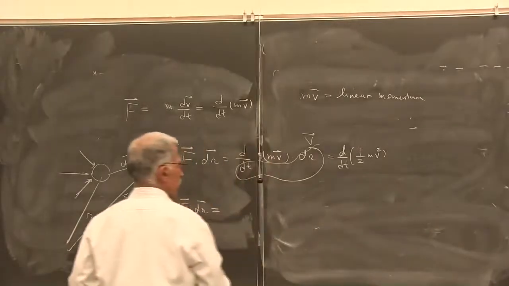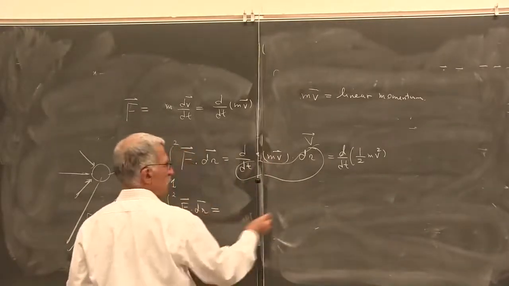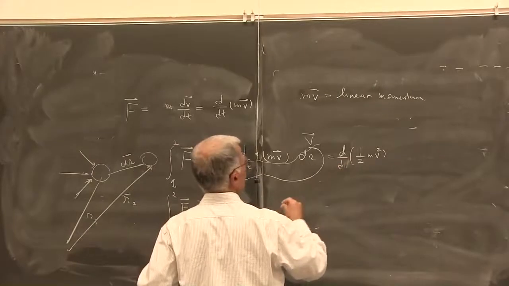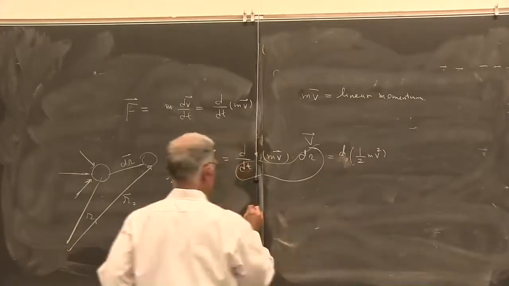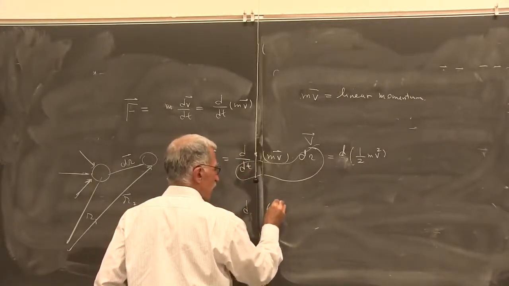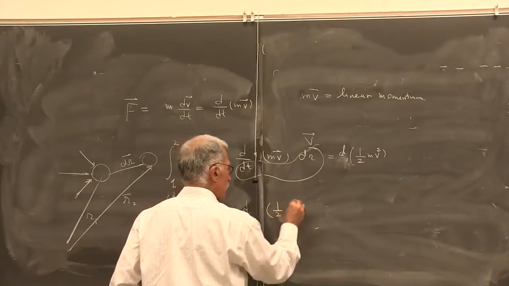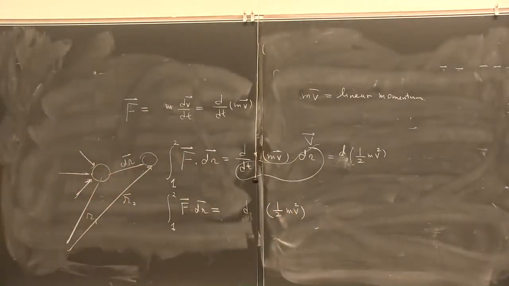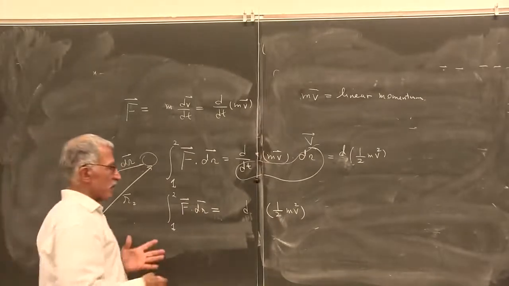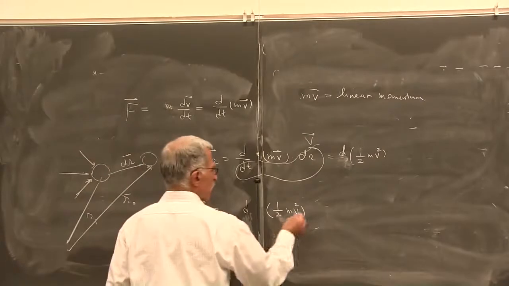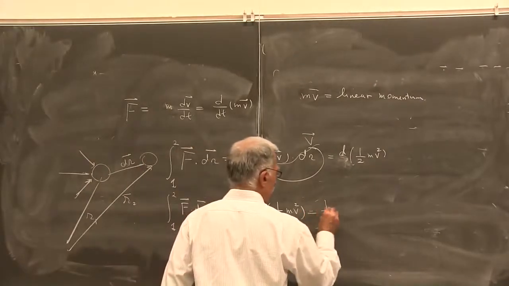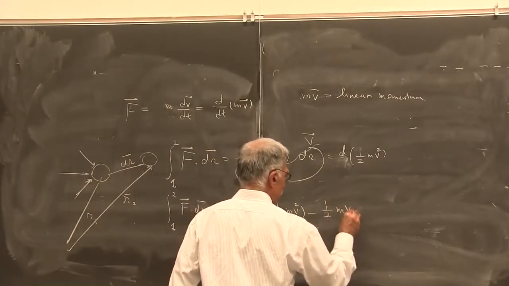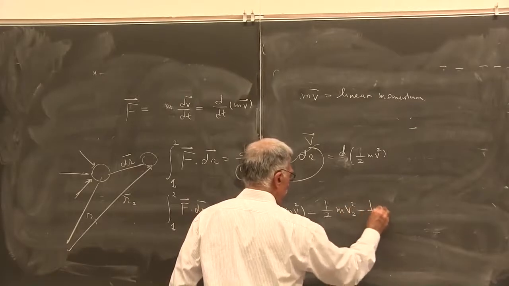So you can say this becomes equal to d/dt of 1/2 mv squared. And if you integrate this, this becomes work, and this becomes kinetic energy: 1/2 mv2 squared minus 1/2 mv1 squared.